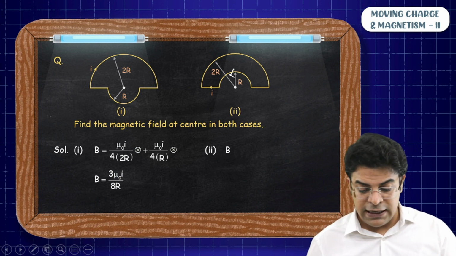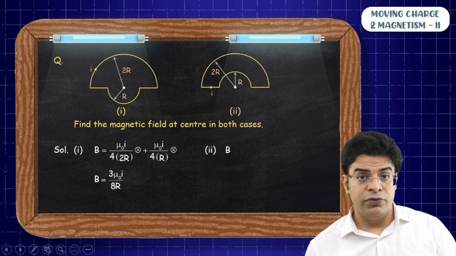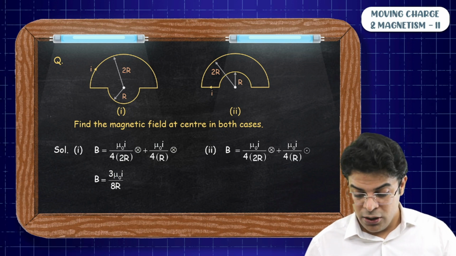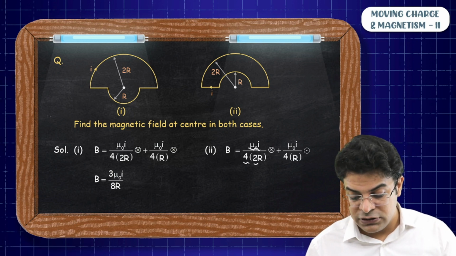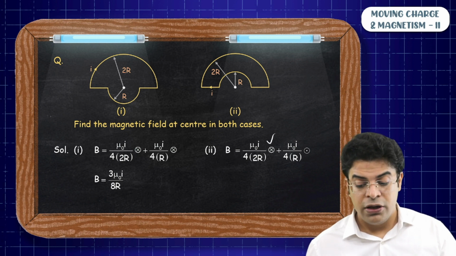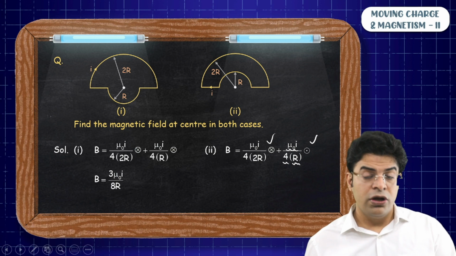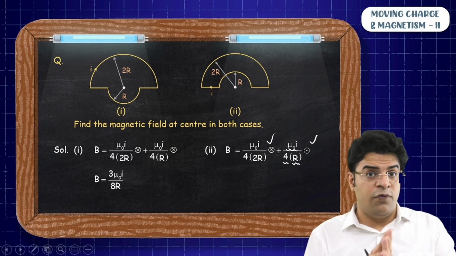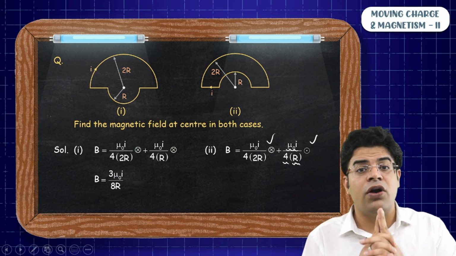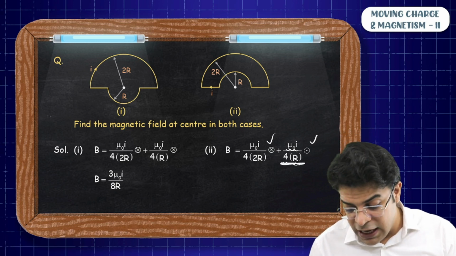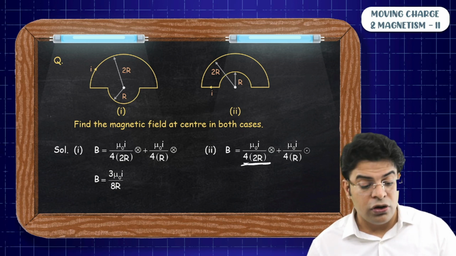So the net magnetic field at center due to the two semicircles will be mu naught I by 4 times the radius of bigger semicircle inward, plus mu naught I by 4 times the radius of smaller semicircle outward. The net magnetic field will be in the direction of the stronger field, and this mu naught I by 4r is double of mu naught I by 8r.